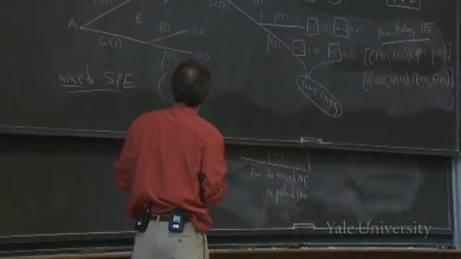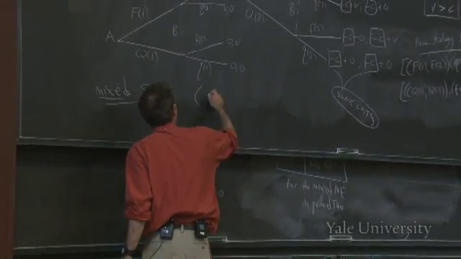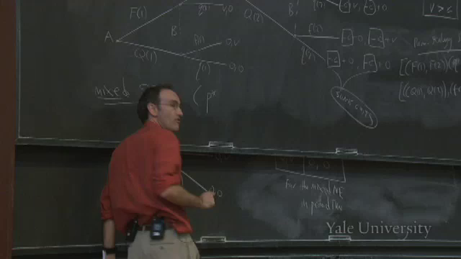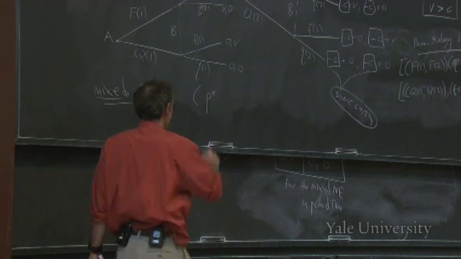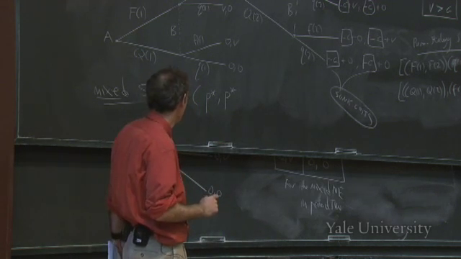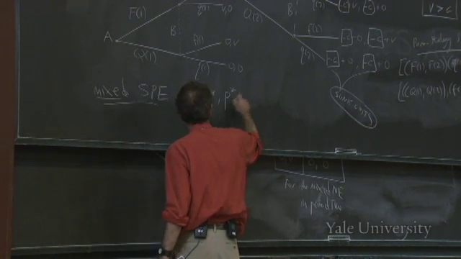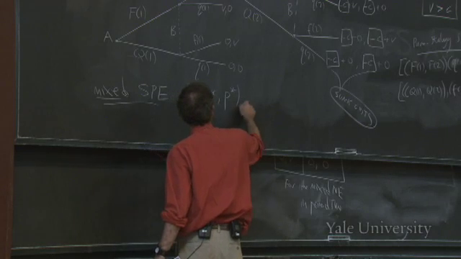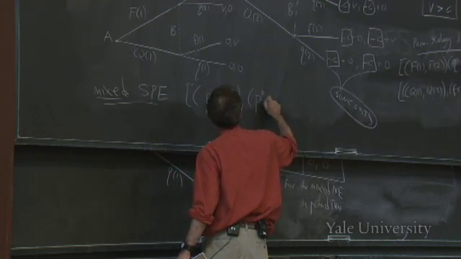So the mixed subgame perfect equilibrium has player 1 fighting with probability P star in the first stage, and in the second stage, again mixing, fighting with probability P star. This is player 1. And player 2 does exactly the same thing.